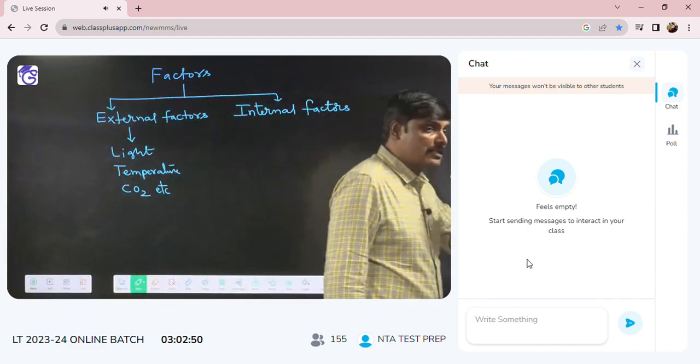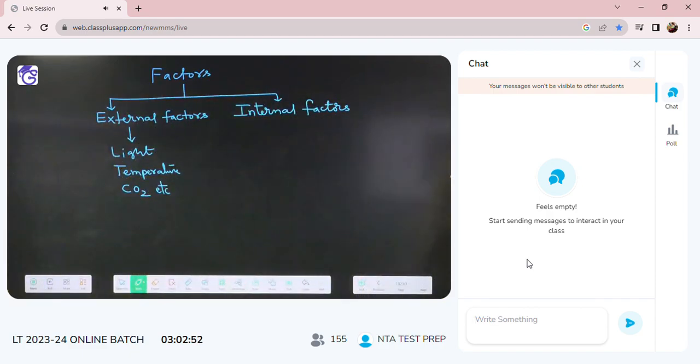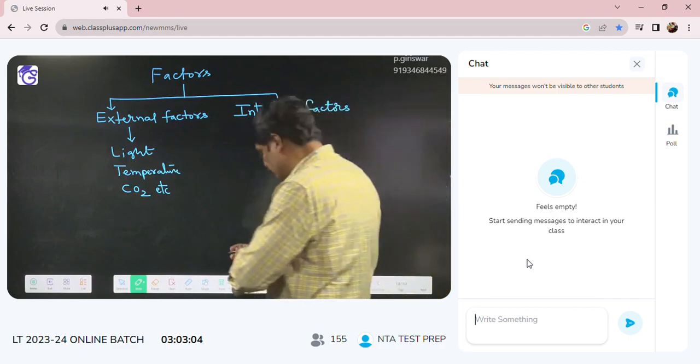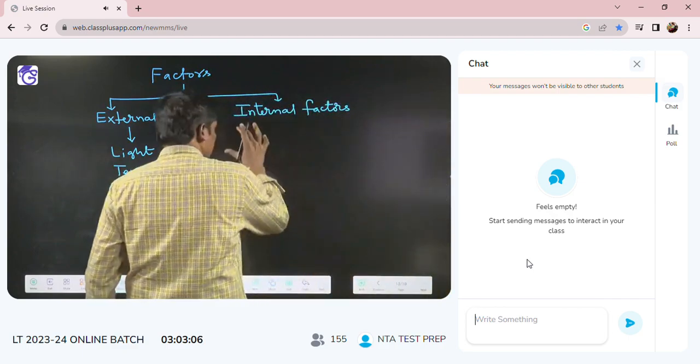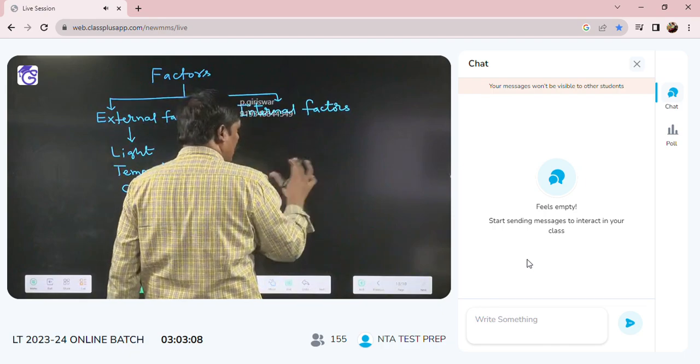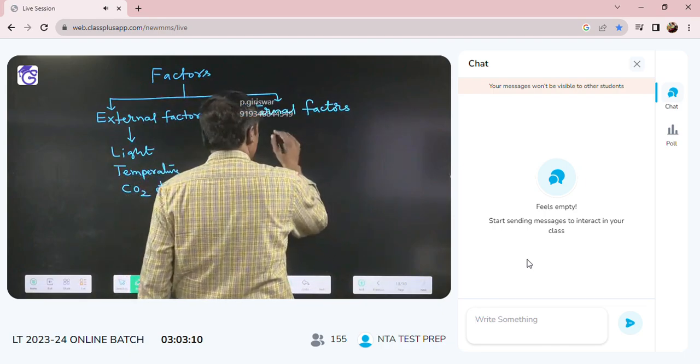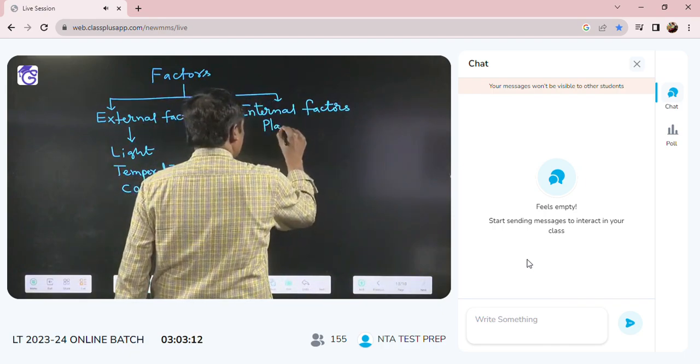They influence plant growth and development to some extent. Along with that, several internal factors also influence the growth process. The internal factors are also called plant factors.